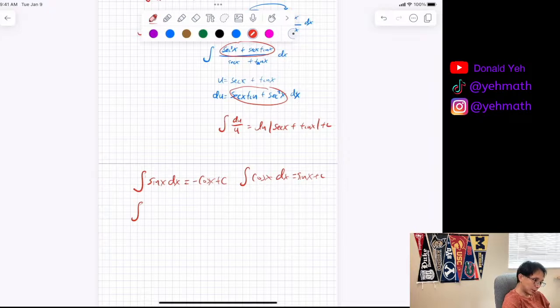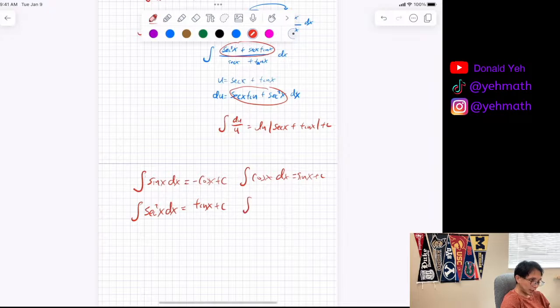What's integration of secant squared of x? What is that? Tangent of x.